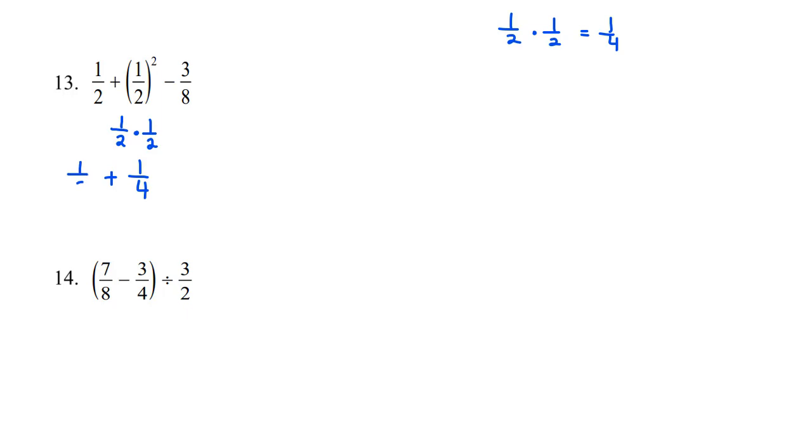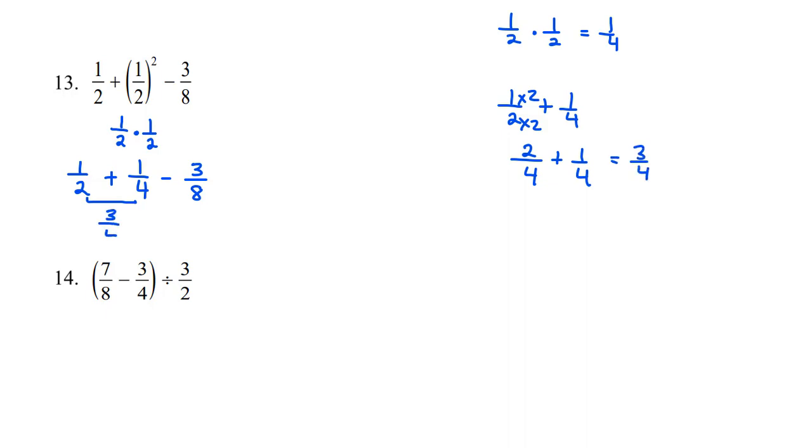plus half minus 3/8. I have adding and subtracting. I have to add before subtracting because it's leftmost. So I'm going to be adding a half plus a quarter. These are unlike fractions, so I'm going to make them like fractions. 2/4 plus 1/4 equals 3/4.